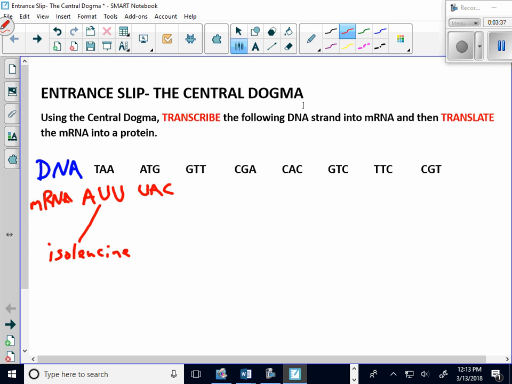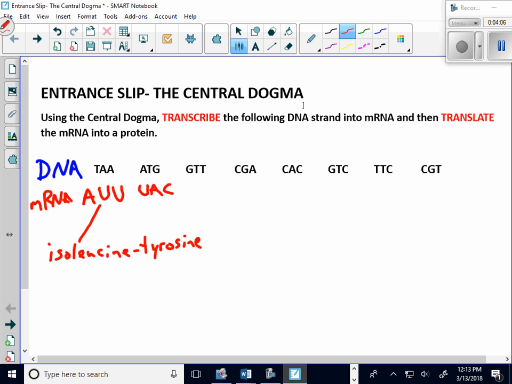And U, A, C gives me tyrosine. Sound right? So this is tyrosine. And I can tell you this is going to go batty on me because I'm going to run out of room and I need to have plenty of room when I'm writing stuff out.